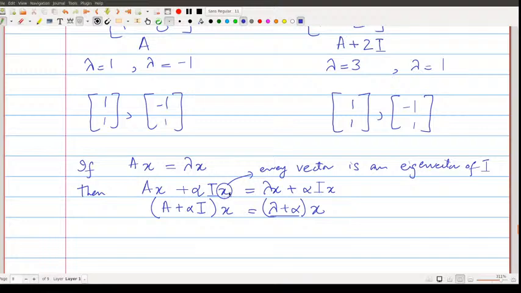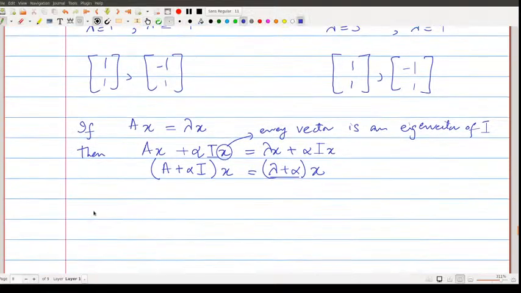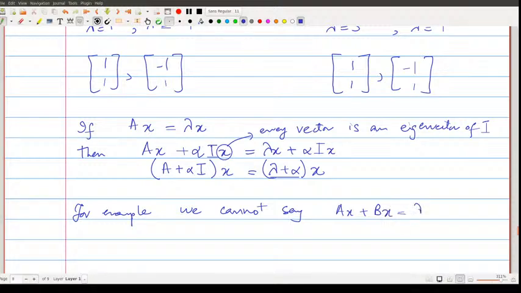If it were a different matrix, for example, we cannot say that Ax plus Bx equals lambda x plus alpha x. If we're saying Ax equals lambda x and Bx equals alpha x, this is a problem because we don't know if they have the same eigenvector.